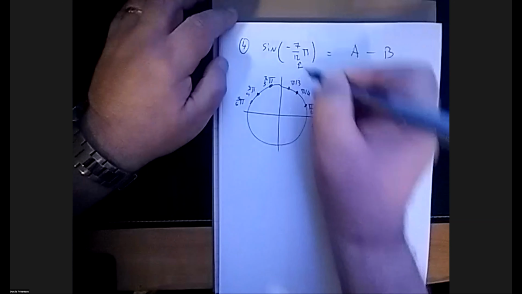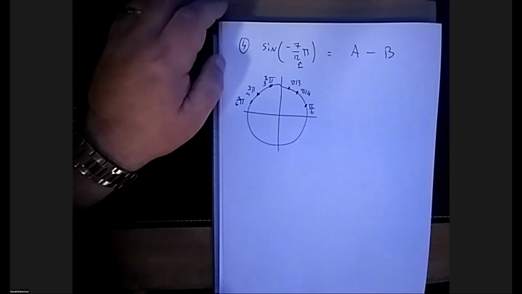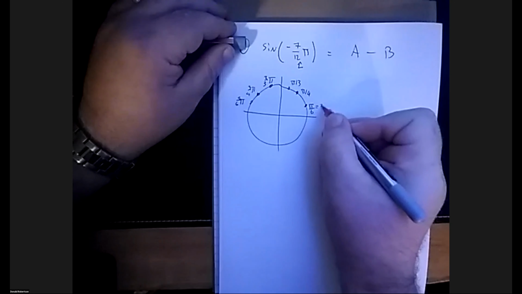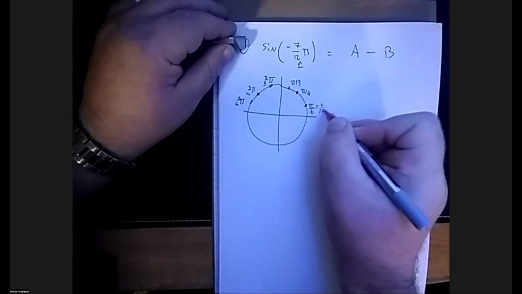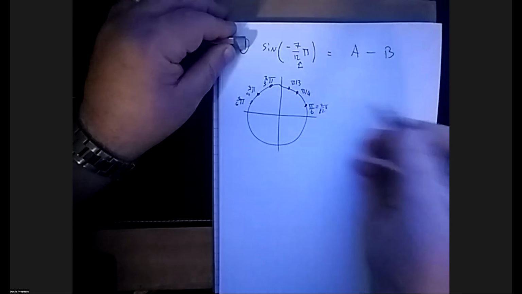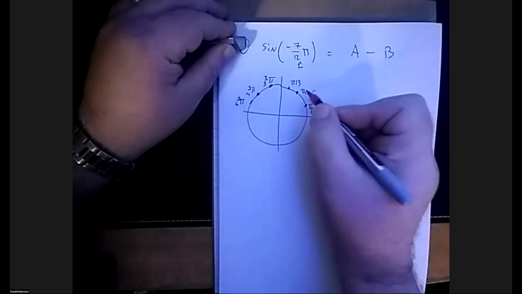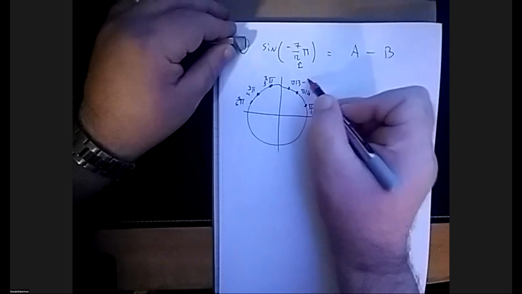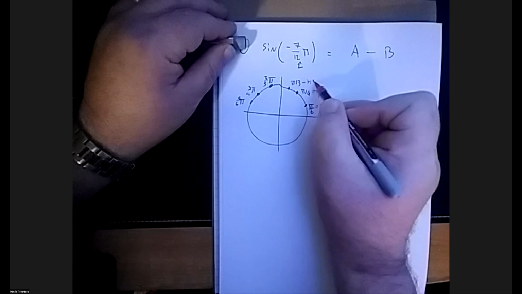So what I would do in this question is take my unit circle and realize that this one's the same as 2/12. I'm not going to write the pi next to it as a distraction, but pretend it's there. 1/4 is 3/12. 1/3 is 4/12.